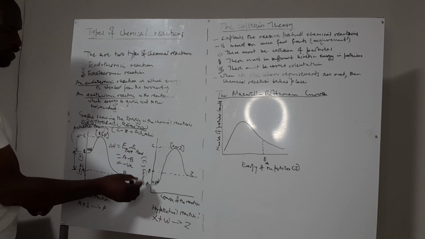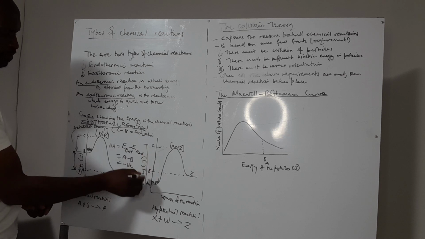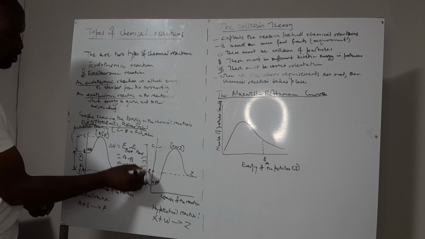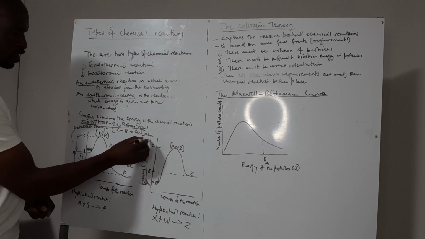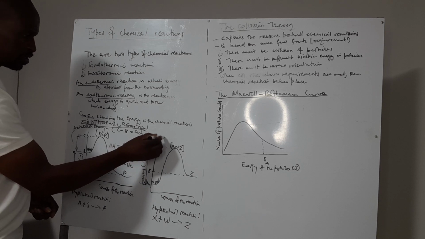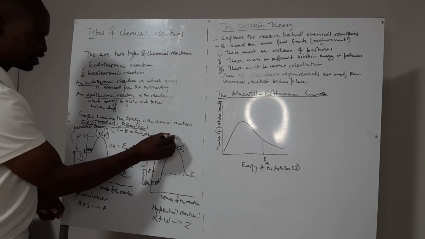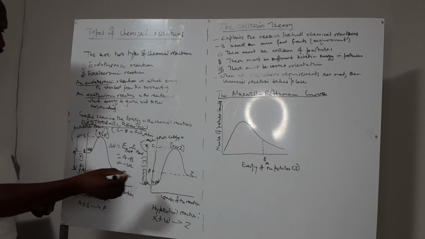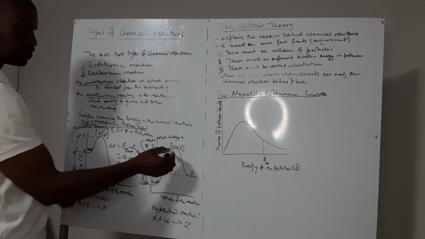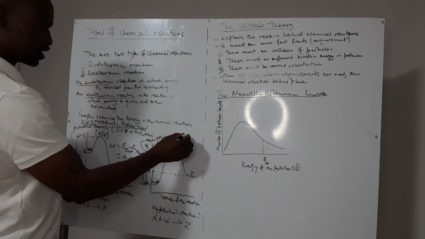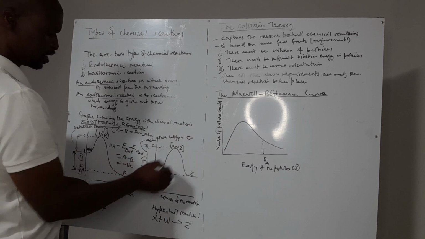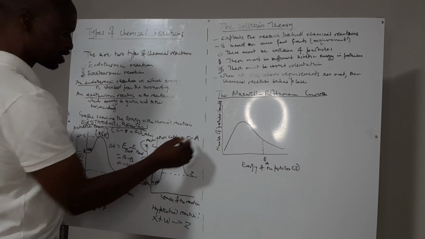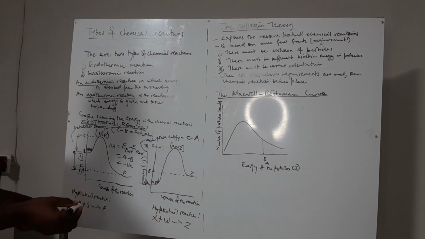Then in order for the reaction to take place, there was that energy again that was supposed to be supplied, which is also the activation energy. How would you get that activation energy? You say the energy of the activated complex, shown by that higher value of energy C, minus the energy of my reactants, which is A. That is my activation energy.